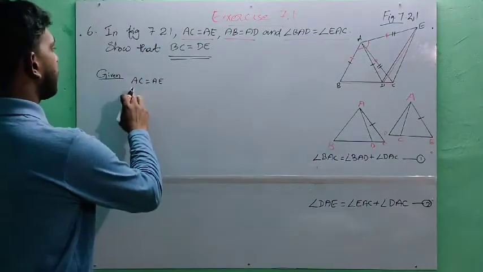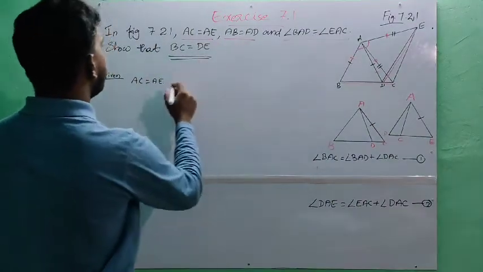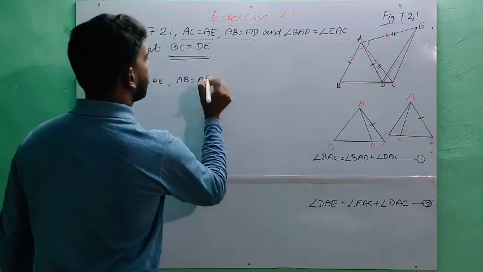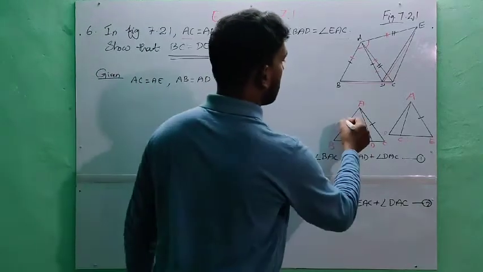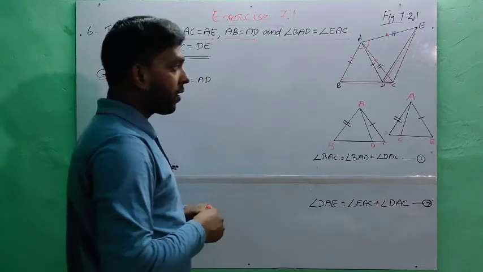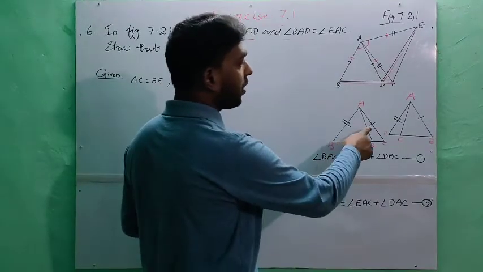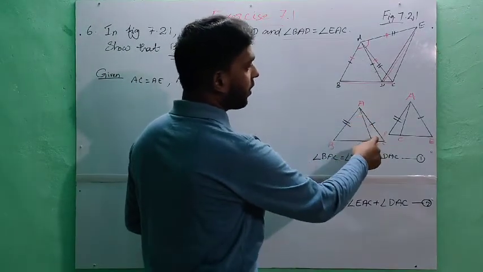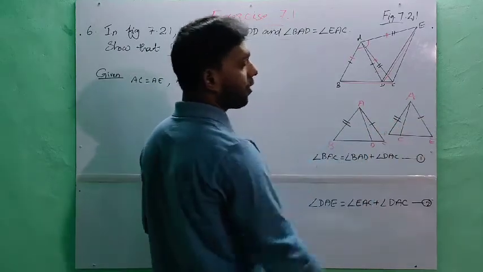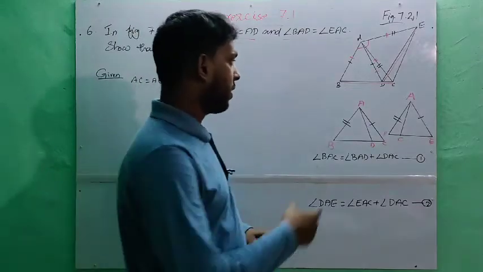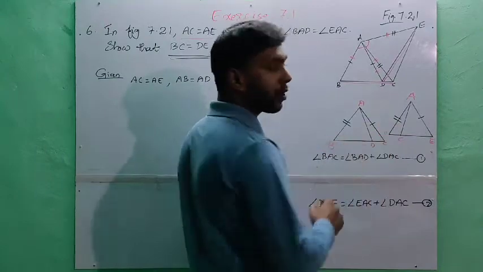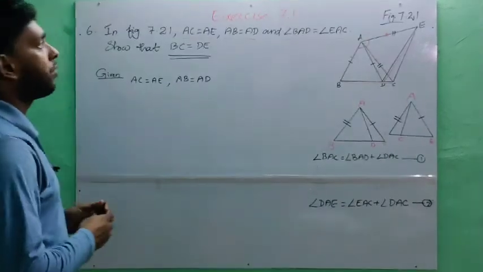Then secondly, AB is equal to AD. So looking at here, we can understand corresponding sides are equal. AC and AE are corresponding sides or matching sides. They are equal. It's given in the question. Likewise, AB and AD are corresponding sides. They are equal. It's given in the question.